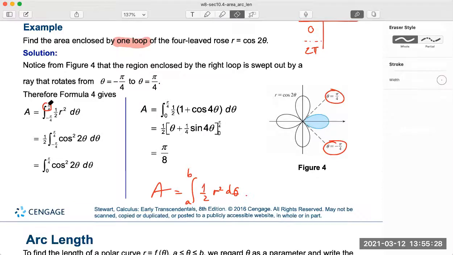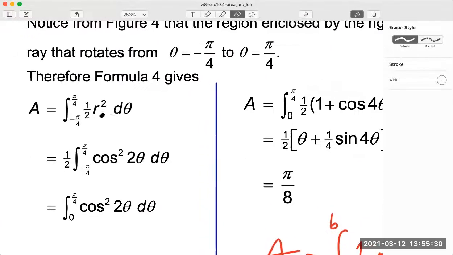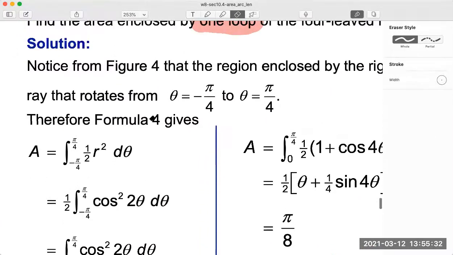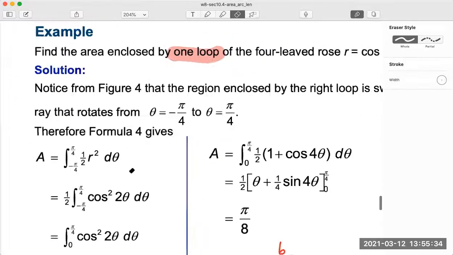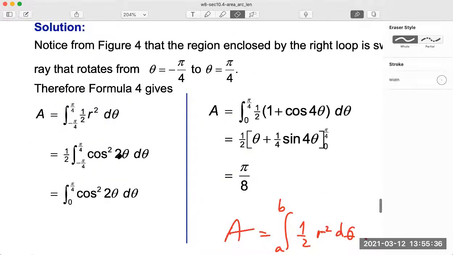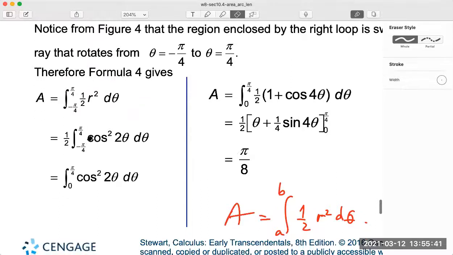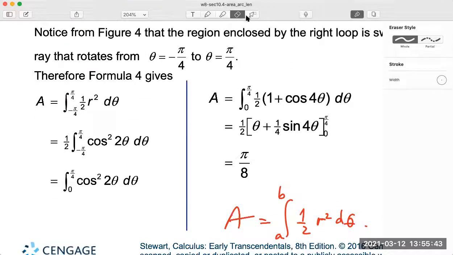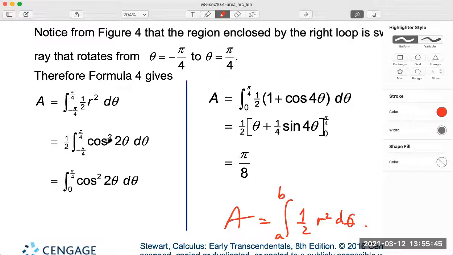So we have this integral, right? And r is given in this form. r is cosine of 2 theta. So at the end, we have this integration in terms of the angle theta. Okay.